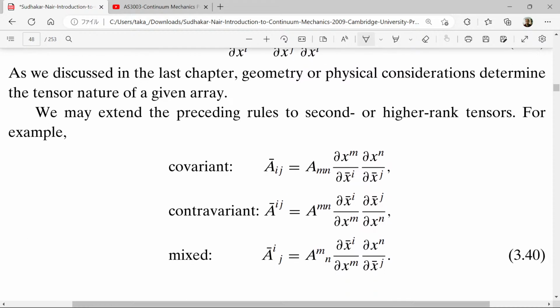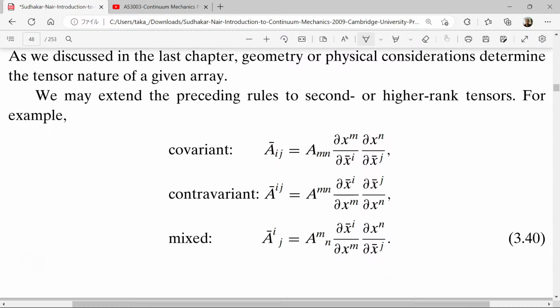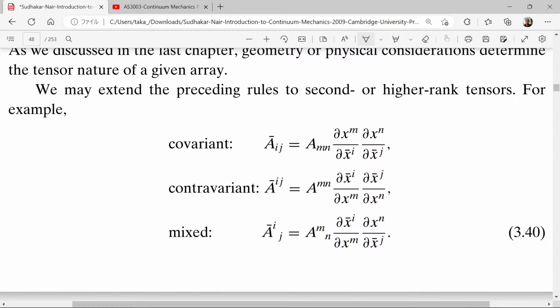For example, for a covariant tensor, we go like this: downstairs subscript indices, and upstairs you have summation, and the summation part is x.